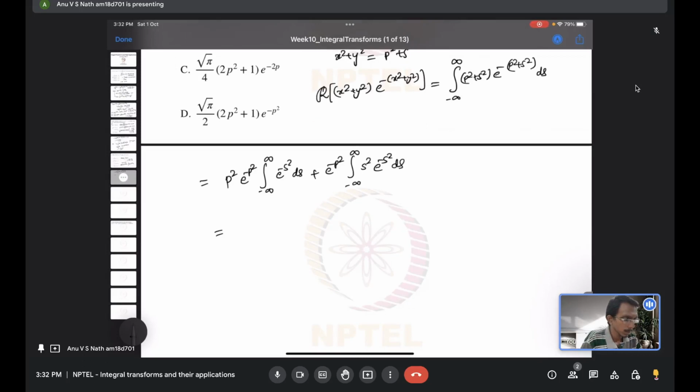Both the integrals are even integrals, so they will have finite values. The first one we know is just the Gaussian integral, so its value will be square root of pi, then e raised to minus p square. The second integral is s square e raised to minus s square ds.